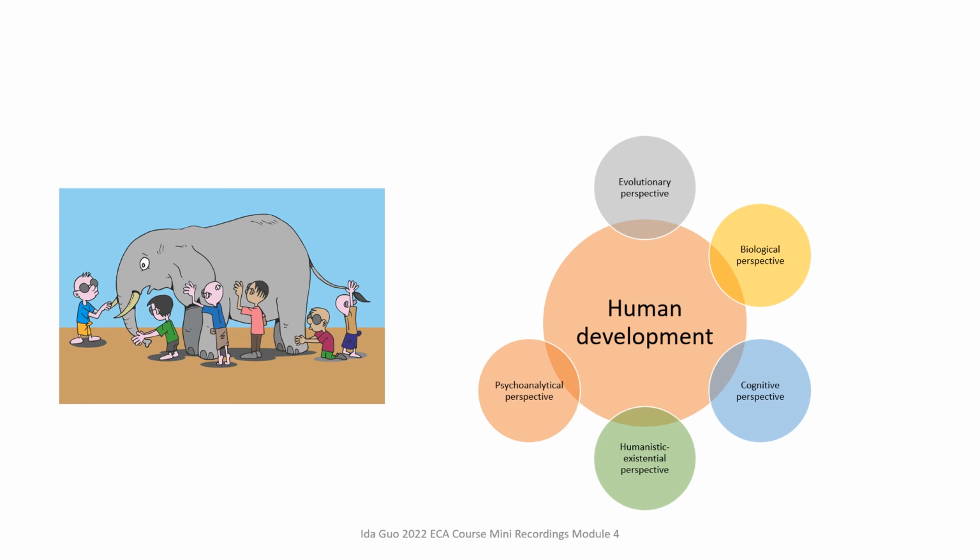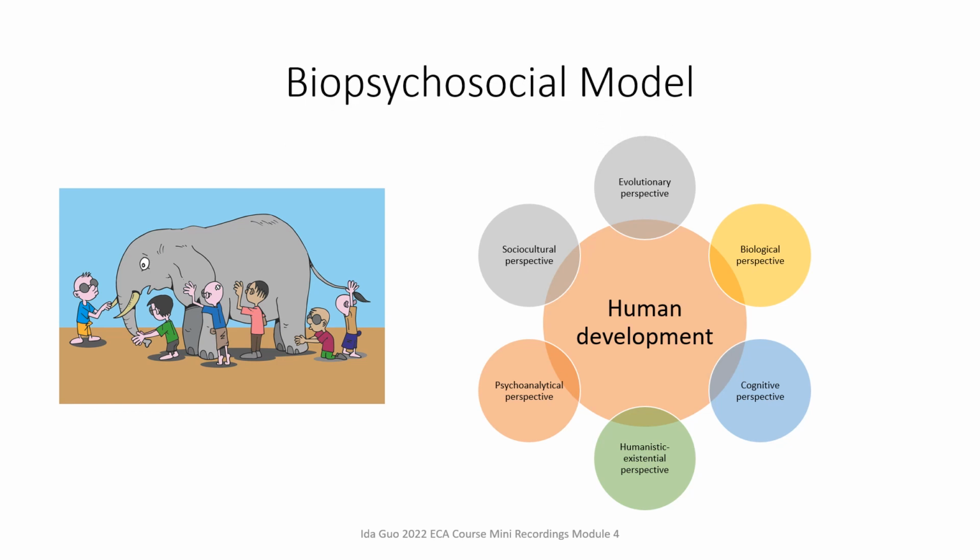We also have Sigmund Freud and Erik Erikson, whose theories were about personality, and that's a psychoanalytical perspective. Last but not least, we have both Vygotsky and Urie Bronfenbrenner, who took the sociocultural perspective. Okay, and that's what today's psychologists call the biopsychosocial model of understanding human development.